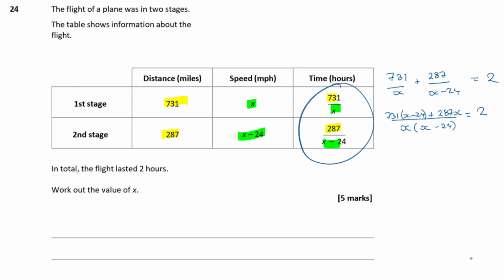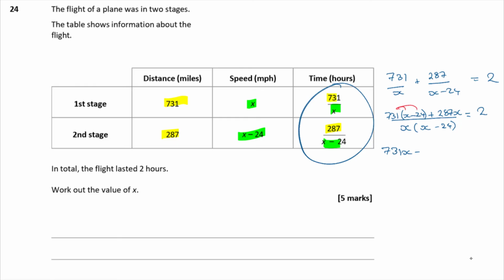All right, so then on the top here, I've got 731 lots of x minus 24. So I'm going to just multiply out that bracket there. So I'm going to get 731 lots of x minus, what's 731 times 24?